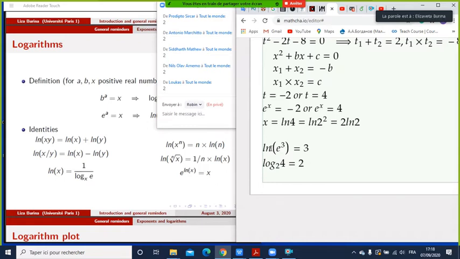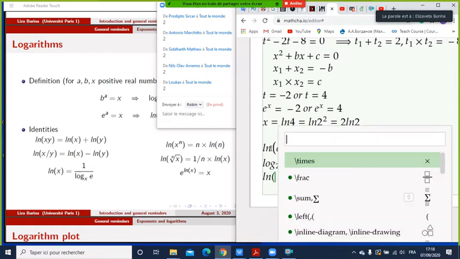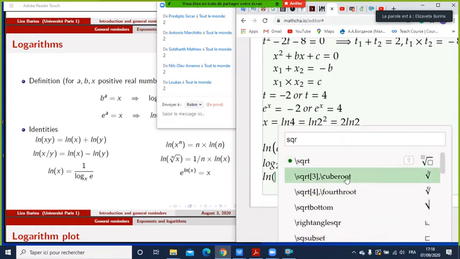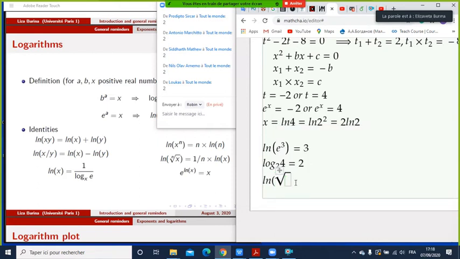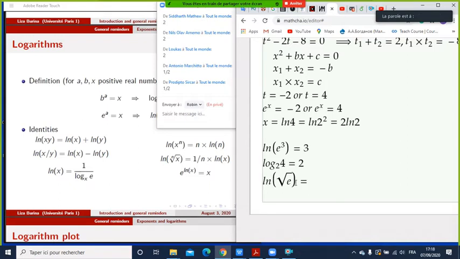Great, so now another one before we get to exercises that you already have. Natural logarithm of square root of e equals 1 over 2.